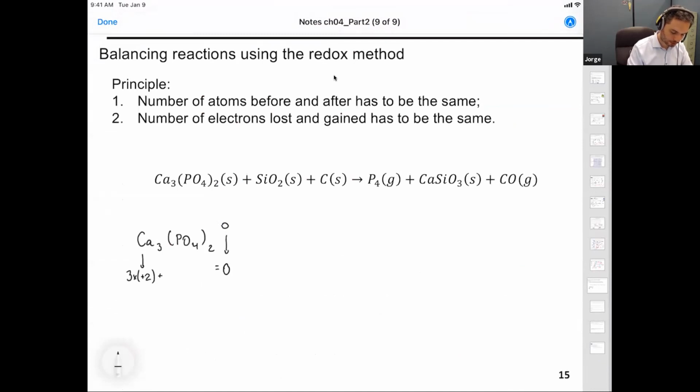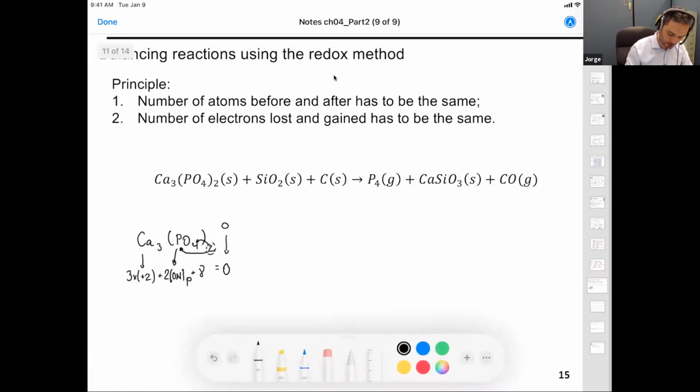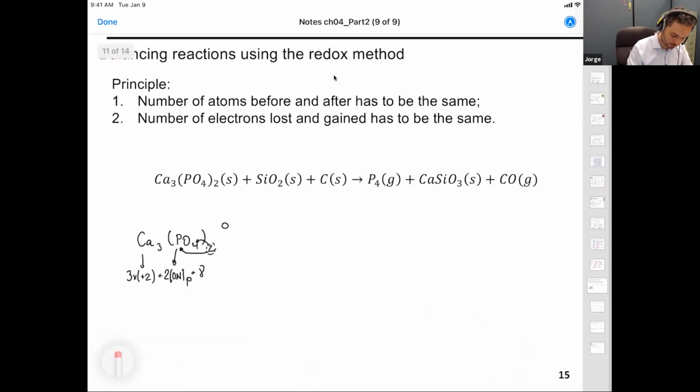Plus, careful here, okay? We have 2 times the phosphorus, and we don't know the oxidation number of phosphorus. Let's write here. This 2 here has to multiply the elements inside the parentheses. And we have 8 atoms of oxygen. Be very careful.